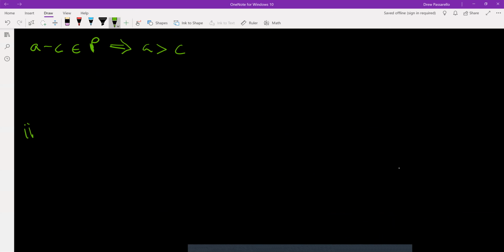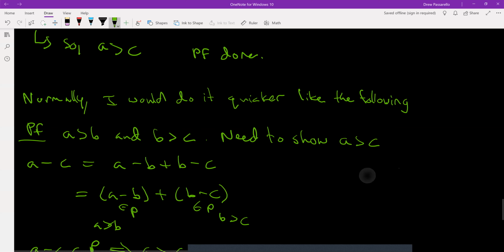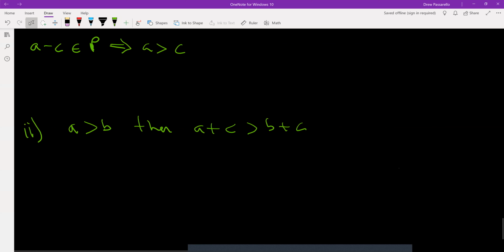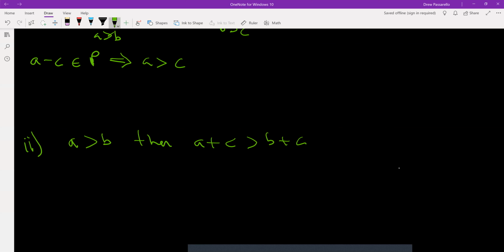So number 2. So I'll write down the problem. So we want, the problem is A greater than B, then A plus C is greater than B plus C. All right, so I see it's similar to how I did this proof, where I wanted to show A is greater than C, and then I just wrote it as A minus C being an element of P. Well, this is true if A plus C minus B plus C is in P. So I'm going to write it like that.